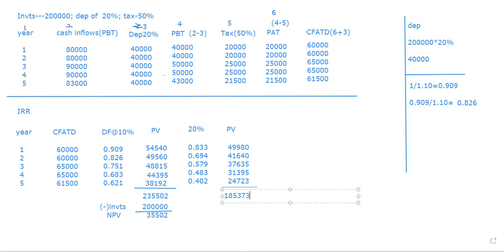That means when I subtract this from my investment, how much will it be? 2 lakhs minus 1,85,373 is equal to 14,627. So we are going to get 14,627.